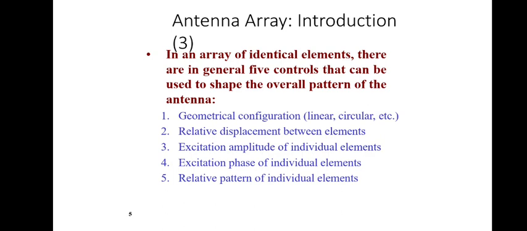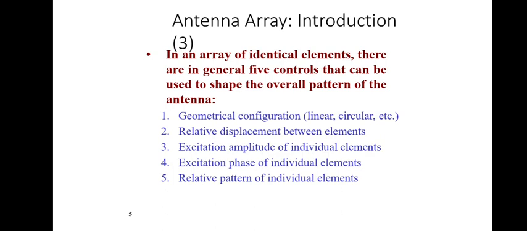Generally the distance between two elements is lambda by 2 or lambda by 4, which is indicated by d. Third, the excitation amplitude of individual elements, which is also very important here. Fourth, the excitation phase of individual elements, and fifth, the relative pattern of the individual elements.